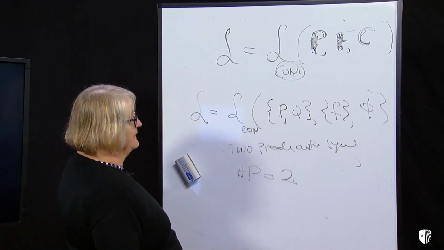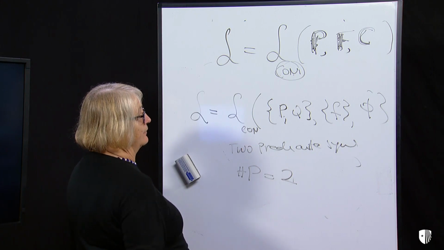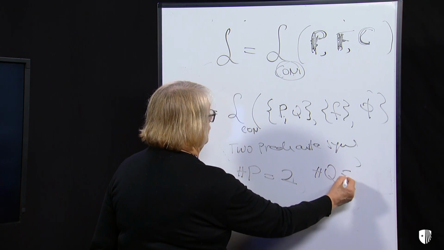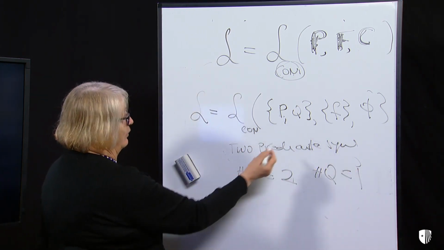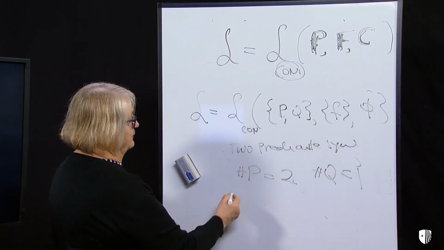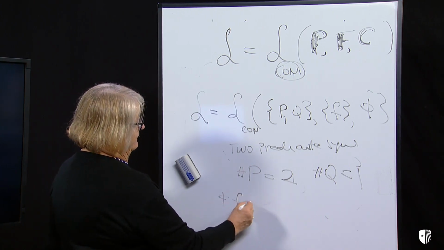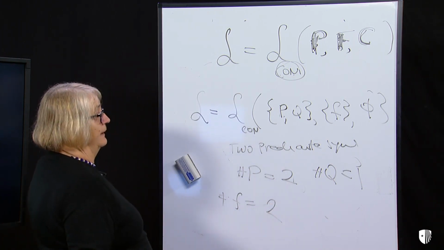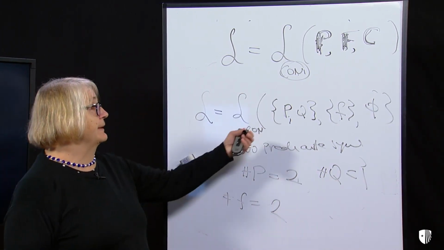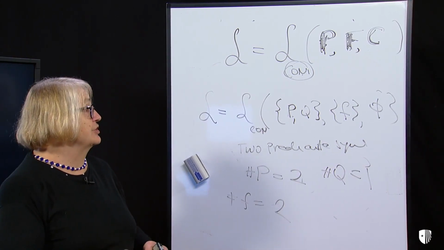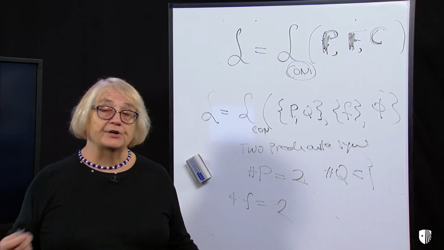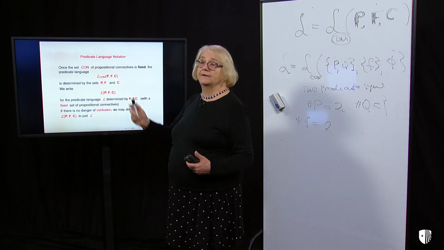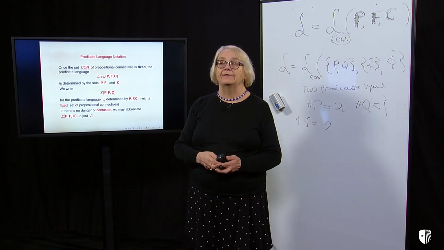For example, if I write this, it means this predicate symbol P has two arguments, and predicate symbol Q has one argument. And also I have one functional symbol, and I say that this functional symbol, for example, has two arguments. And so this is a particular language, and this is the general form of a language. And in general, again, I repeat, for the completeness theorem, we would assume that all of them are non-empty and countably infinite.